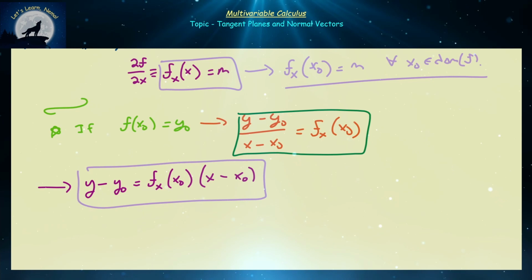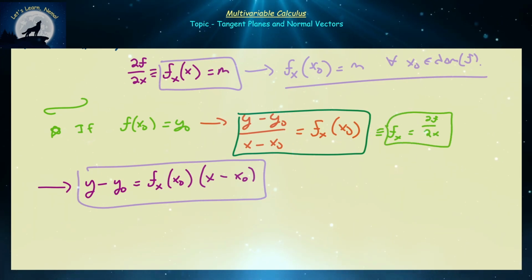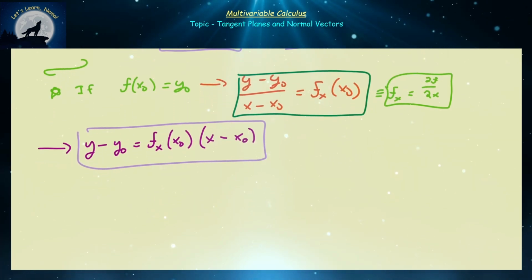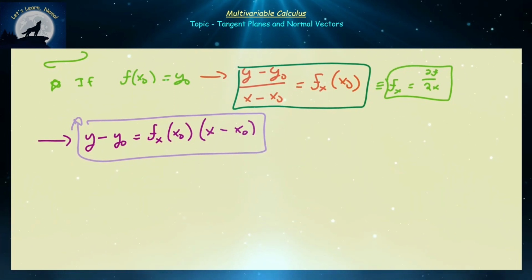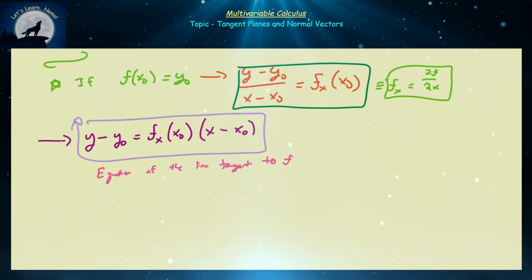And keep in mind what motivates this particular structure is that fx is equal to the partial derivative of f, which in this case is y, divided by the differential of x. Okay? So this equation here always gives you the equation of the line tangent to f at the point x0, y0. And that's very, very important.